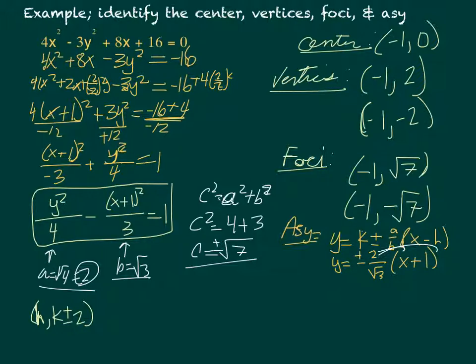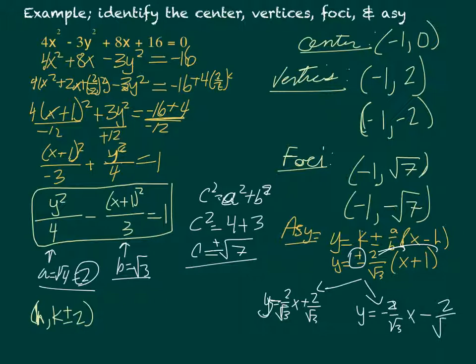The last thing you need to do is just simplify that. So you need to split up the plus and minus and distribute. So that's going to be Y equals 2 over square root of 3 x plus 2 over square root of 3, or y equals negative 2 over square root of 3 x minus 2 over square root of 3.